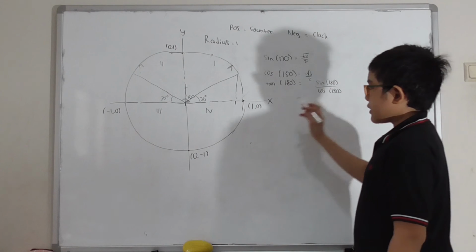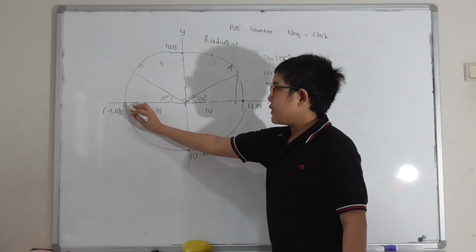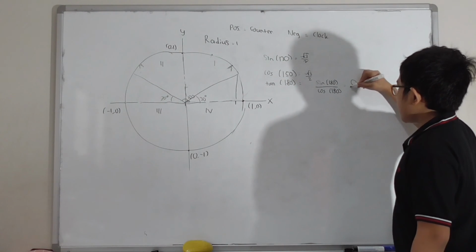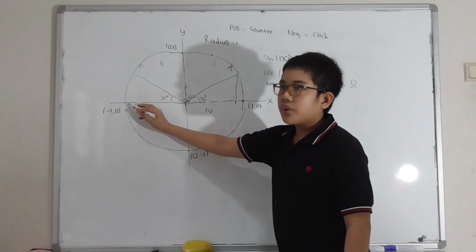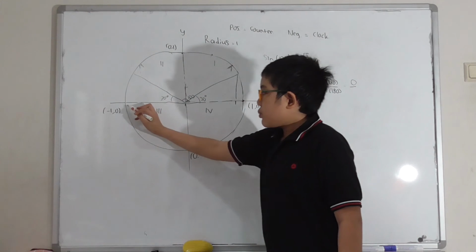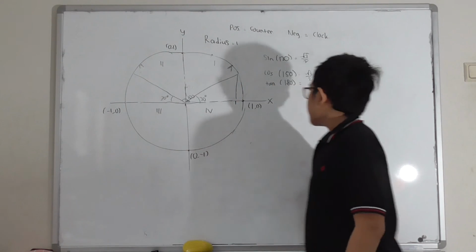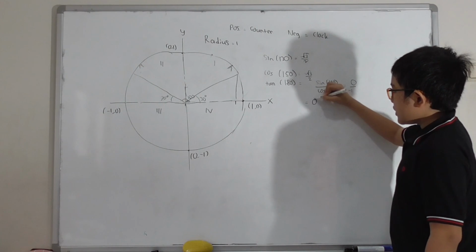Because sine of 180 is going to go all the way over here, and then if you measure it, it's going to be 0. So it's going to be 0 for sine of 180, and the cosine of 180 is going to go here, but the cosine is the x value. From the origin to this point is going to be -1. Right here, -1. So it's going to be 0 divided by -1, which is equal to 0.